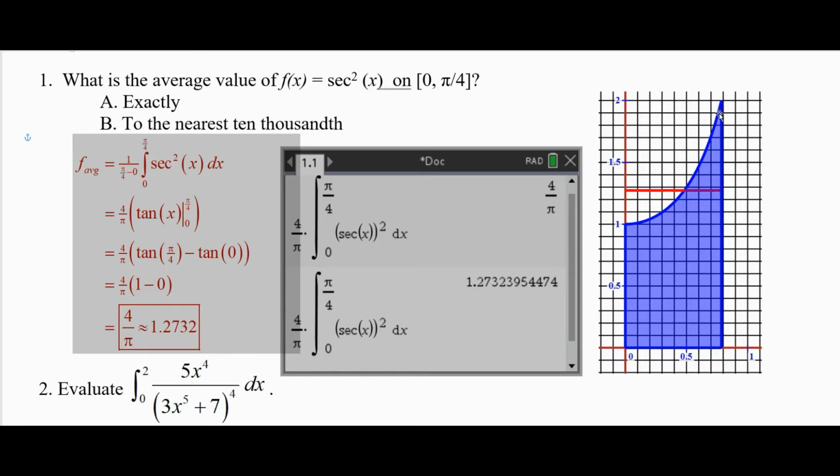And the area under that curve is going to be the same as the area under a rectangle, where that rectangle has a height that is the average value of that function. And so the height of this rectangle, the height of that little red bar across the top, is 4 over pi, or about 1.27, which you can see there on the graph.